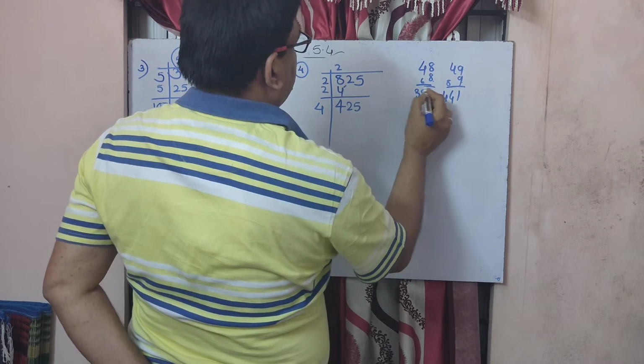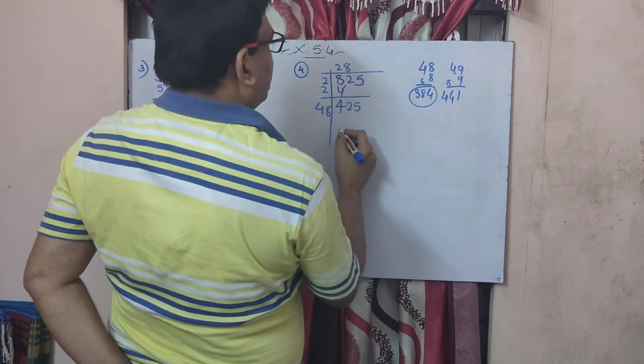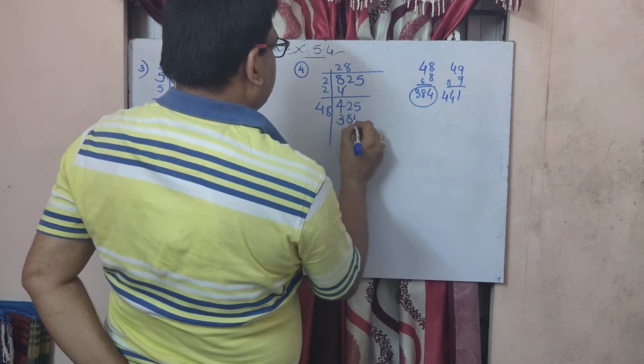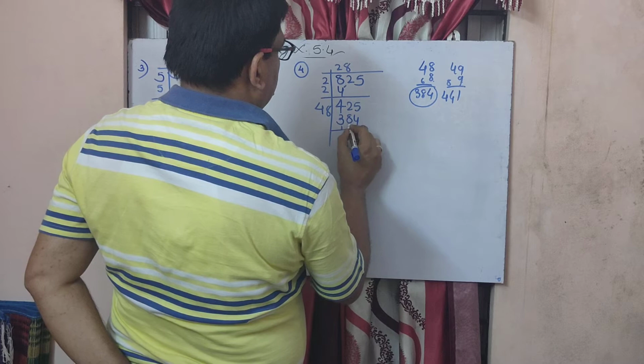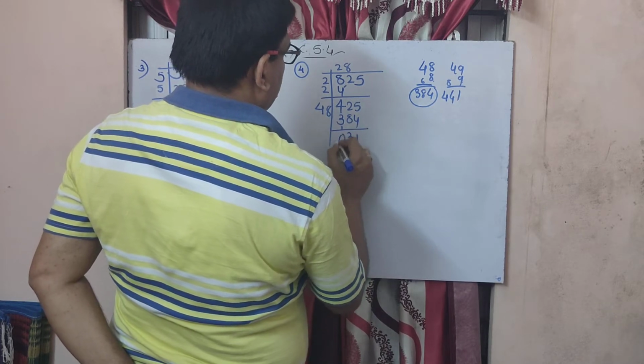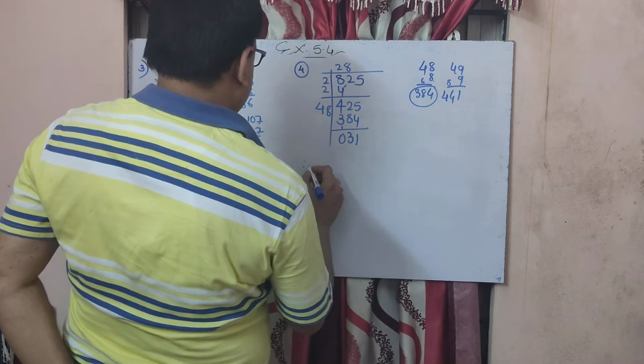It is a little bit bigger. So this will be okay. So 48 8s, how much is it? 384. 1 3 0. So 31.